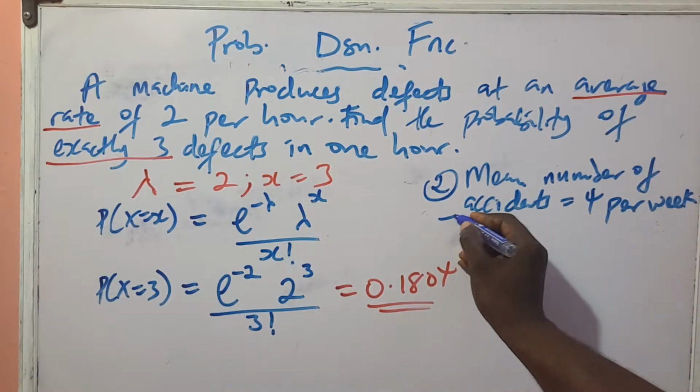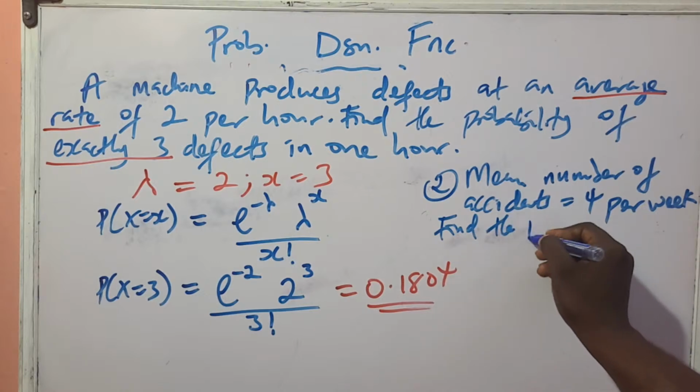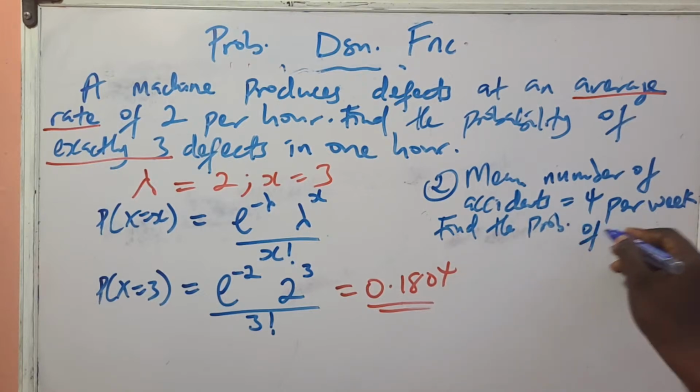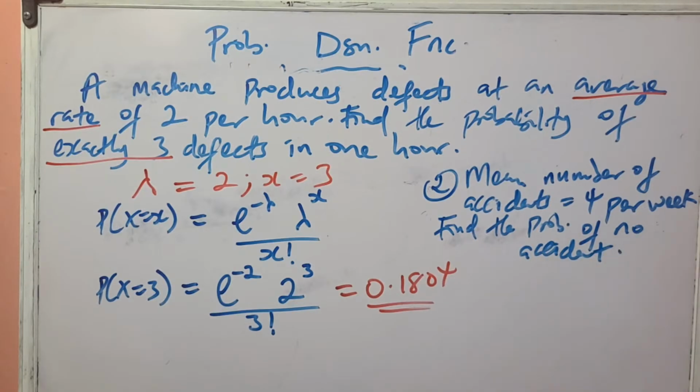So the question is, find the probability of no accident. You can see how funny this question is. Nothing is being told you on if this is binomial. They just said, oh, mean number of accidents is 4 per week. Find probability of no accident, and that's all.